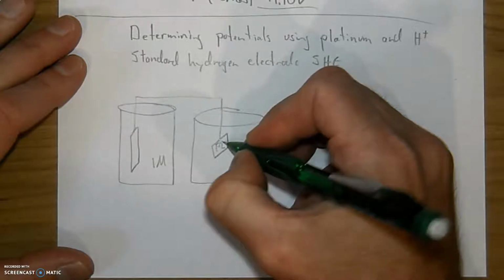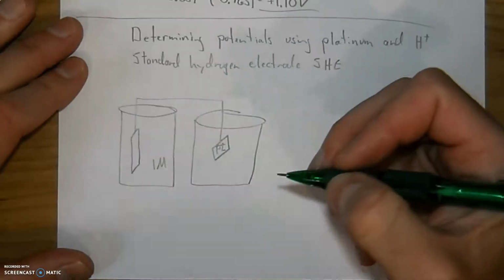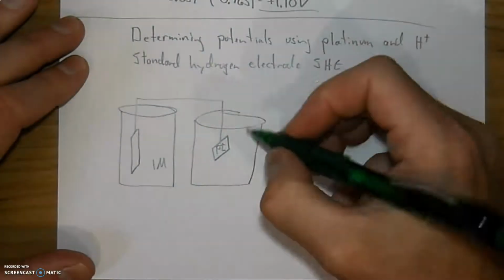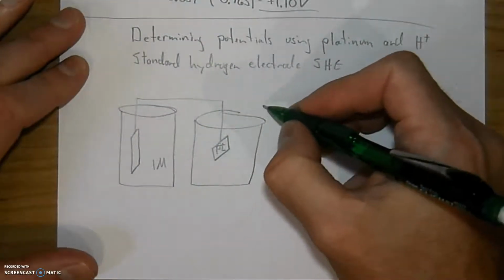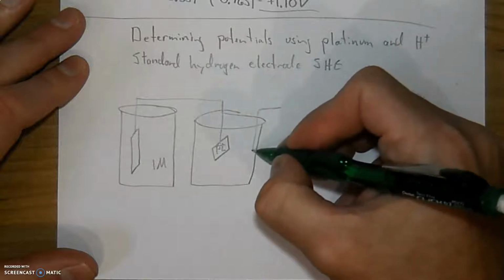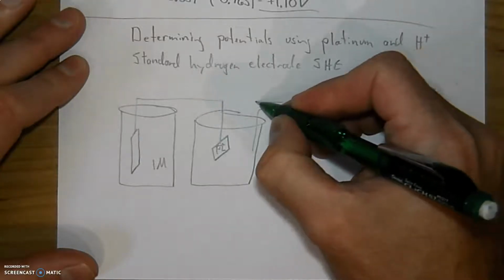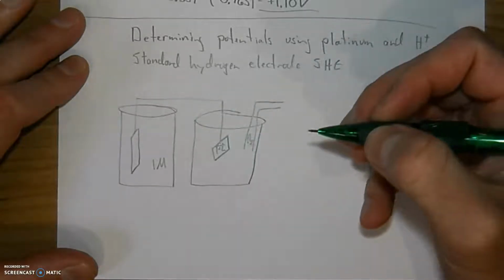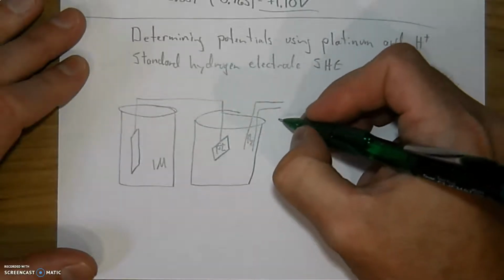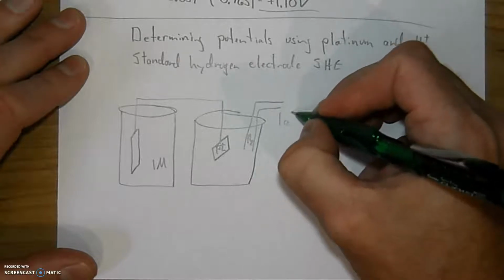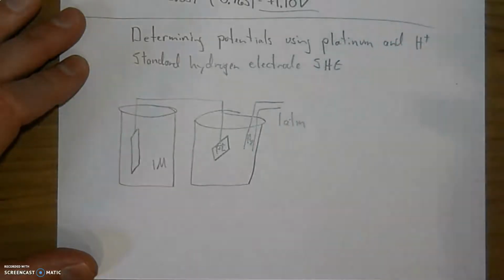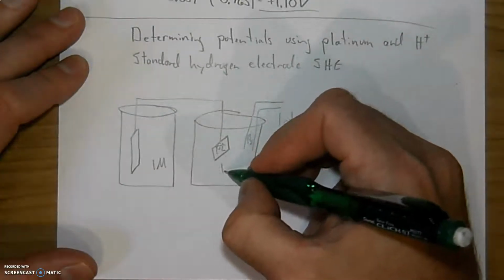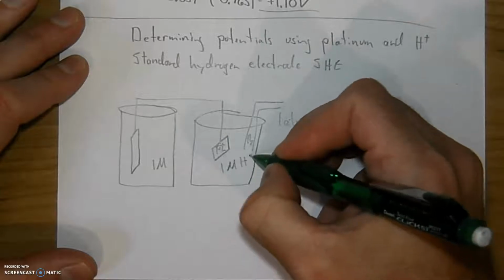As I mentioned a second ago, platinum is fairly non-reactive. It's not going to go through the oxidation reduction process, so it's just there. And then you also have some kind of contraption that is putting in hydrogen gas, and it's present. So hydrogen gas is available, and it happens to be at 1 atm of pressure, something that matches the atmosphere. And then you also have within this solution a 1 molar hydrogen ion solution.